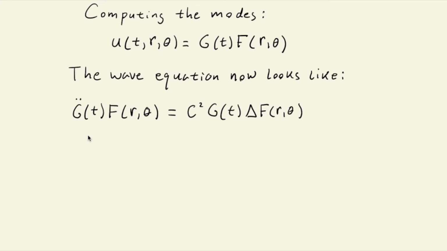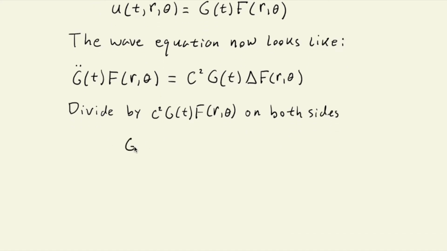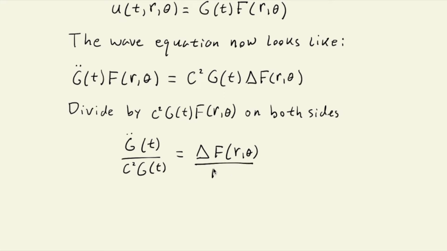Okay, so we can, as always, divide by c squared g of t f of r, theta on both sides. And we obtain that g double dot of t divided by c squared g of t is equal to the Laplacian of f of r, theta divided by f.